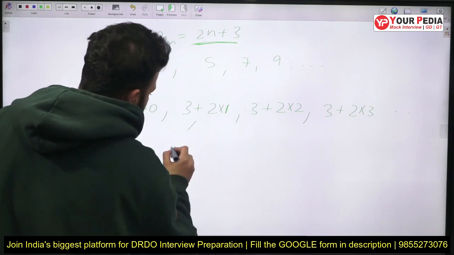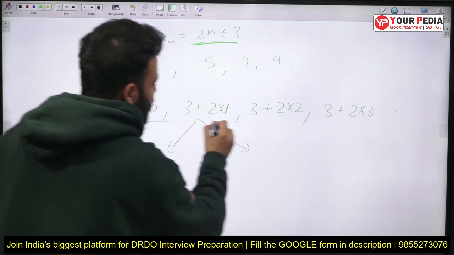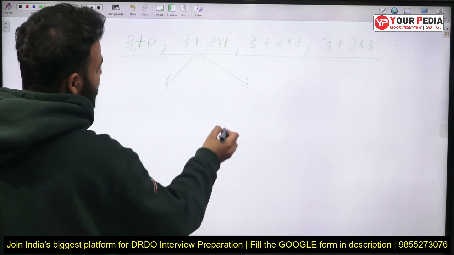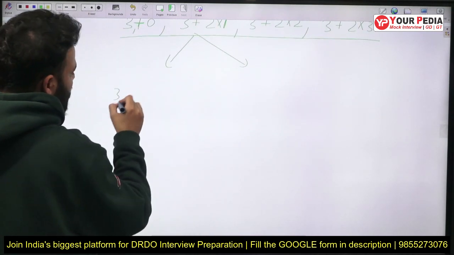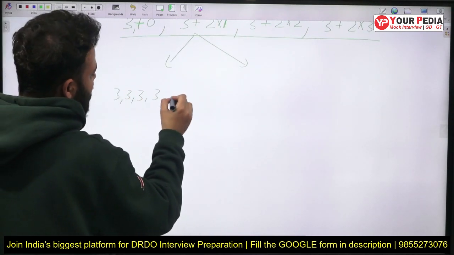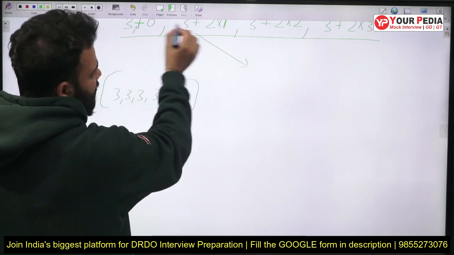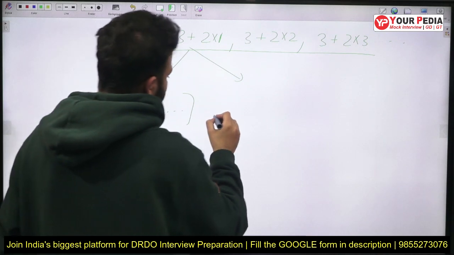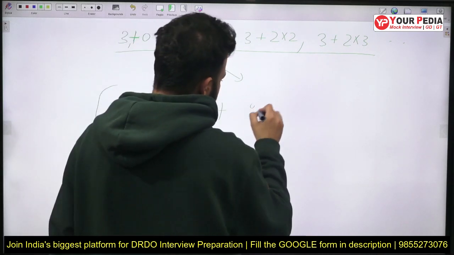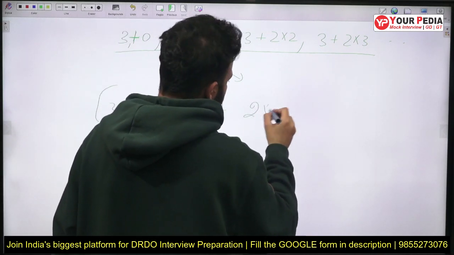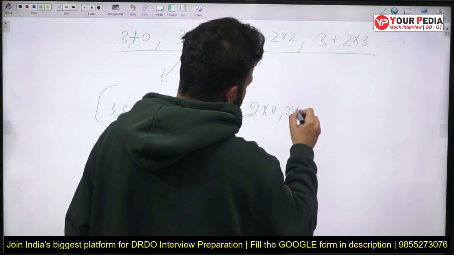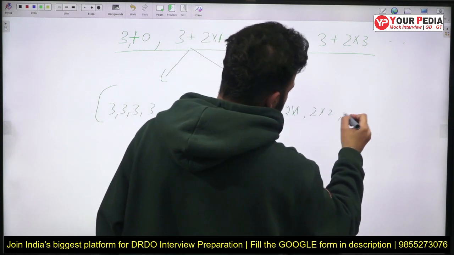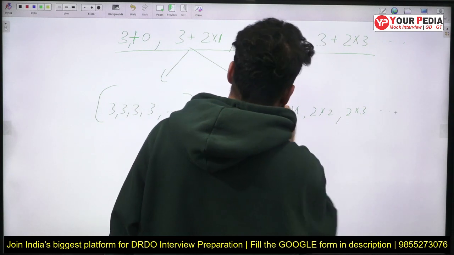Now you can see that this whole sequence we can divide into two parts. The first part will have 3, 3, 3, 3, 3 at every step, and the next part is plus 2 into 0, 2 into 1, 2 into 2, 2 into 3 and so on.